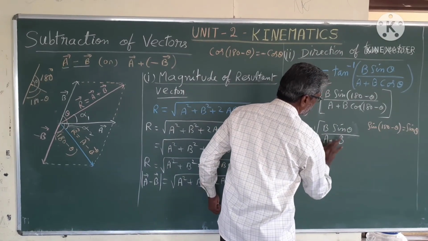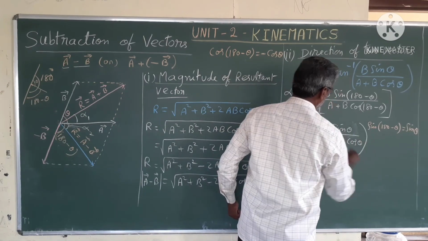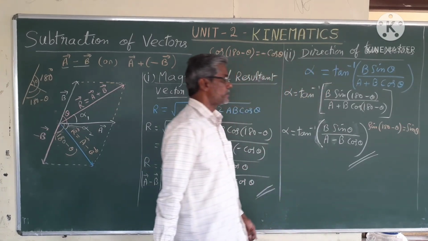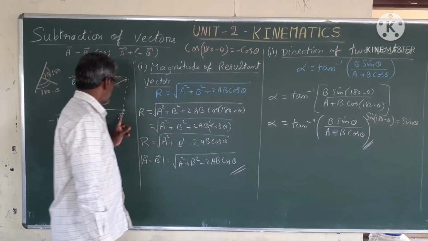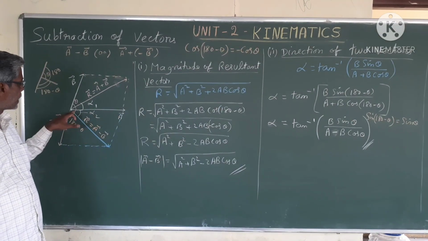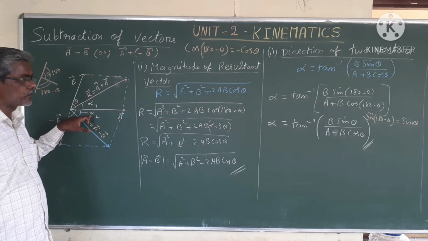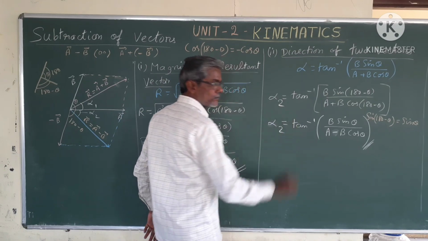So I can write it as minus cos theta. This will give the direction of two vectors. So here the angle between these two vectors is alpha 2. So I will be writing this one as alpha 2. This clear?